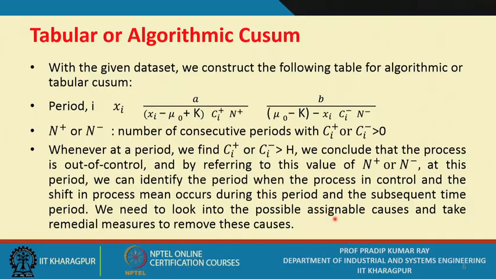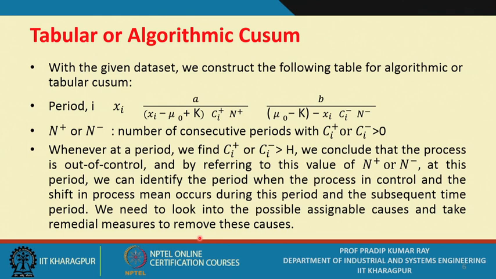Is it okay? So you have to refer to the past data, and you have to find out, as a process engineer, as a process control engineer or executive, what has gone wrong between the 14th period and the 15th period. Okay. So we need to look into the possible assignable causes and take remedial measures to remove these causes.